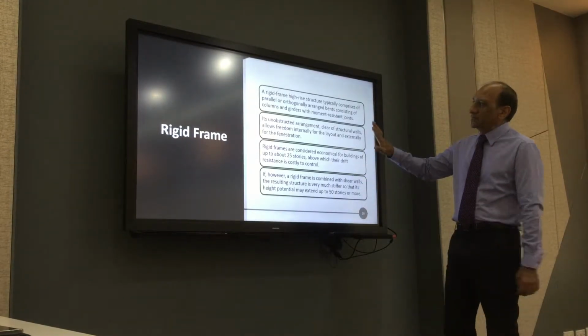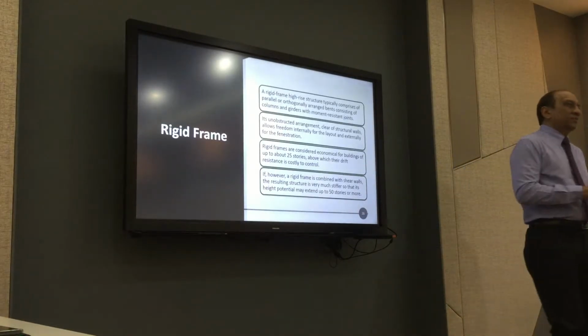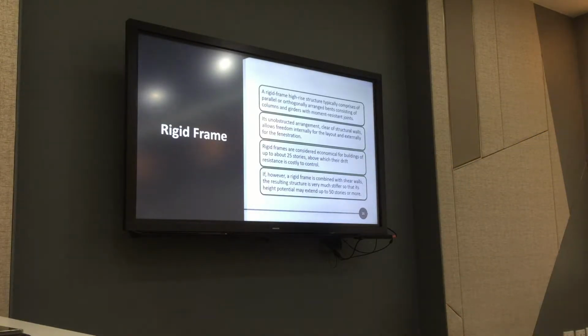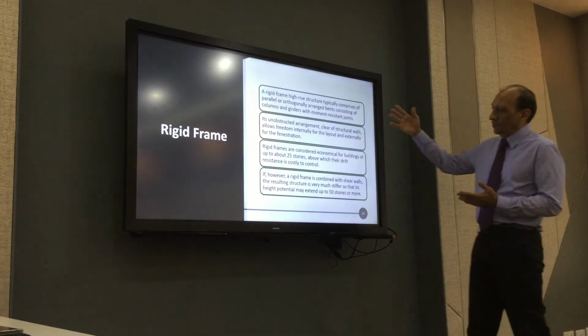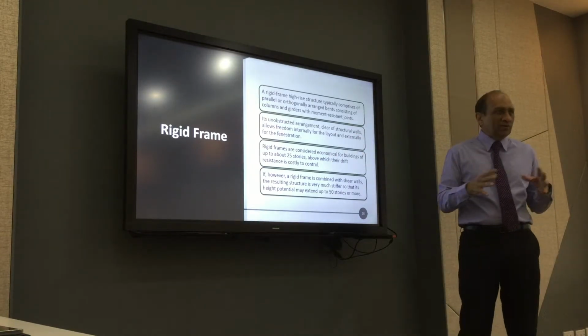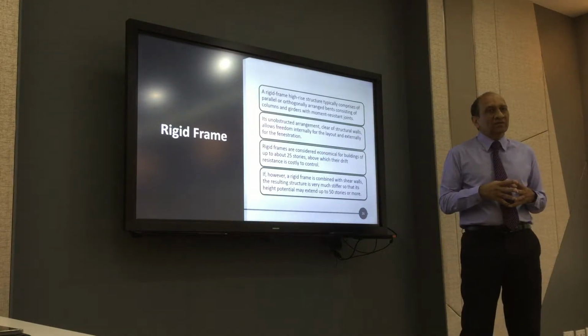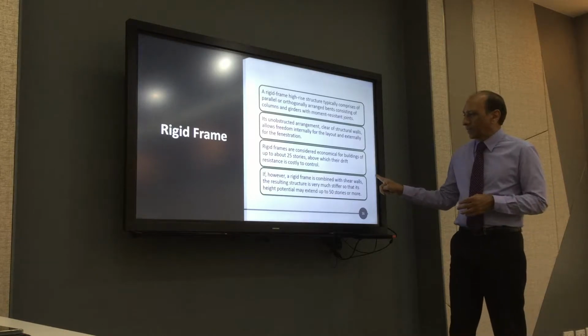So rigid frames, as I mentioned, you already know, are the most common basic structural framing system. It works by having rigid connections between columns and beams, and it is good up to 20 to 25 stories. Beyond that, it will not work well.